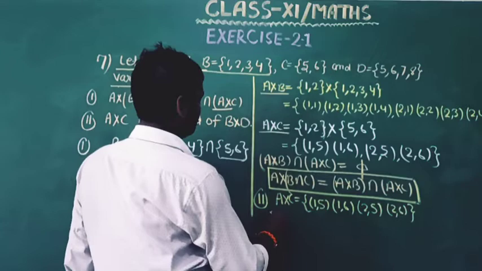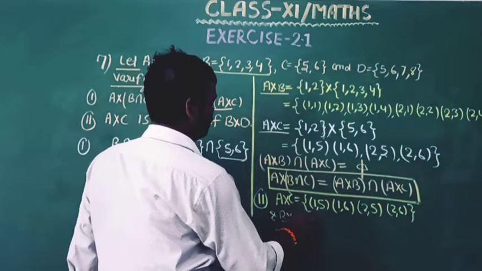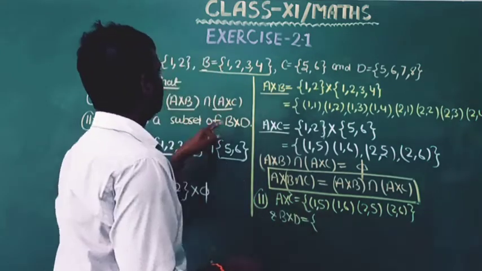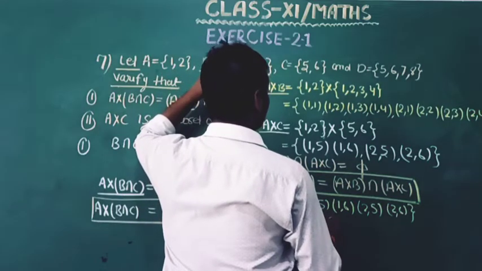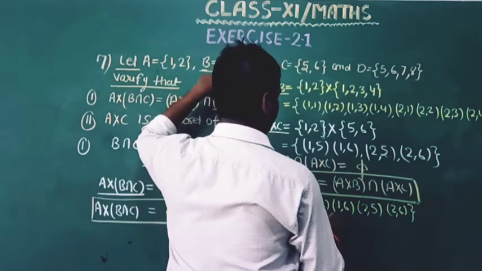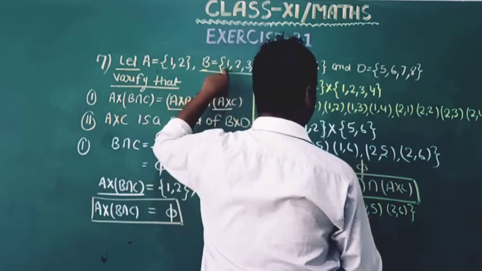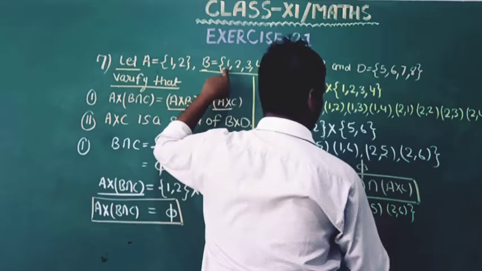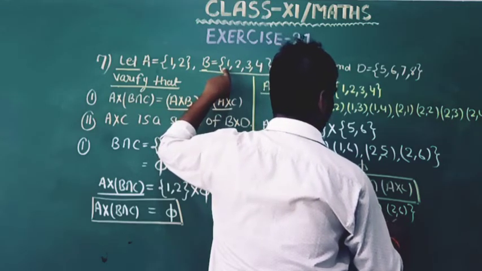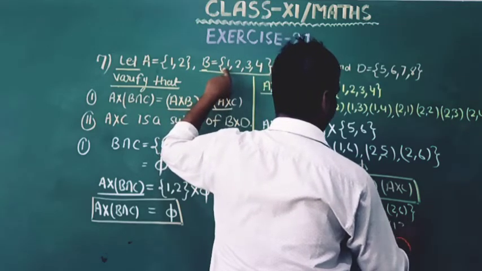And B cross D: B is 1, 2, 3, 4 and D is 5, 6, 7, 8. This is 1 5, 1 6, 1 7, 1 8.